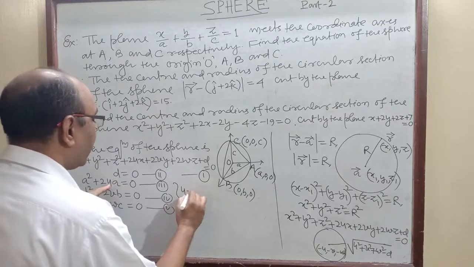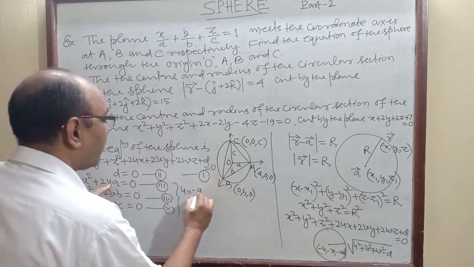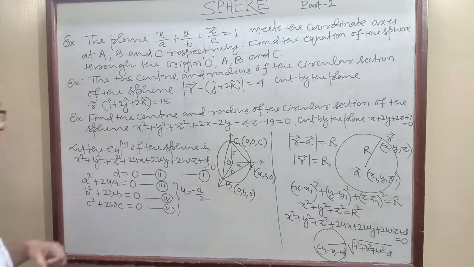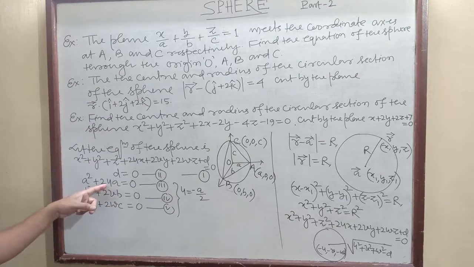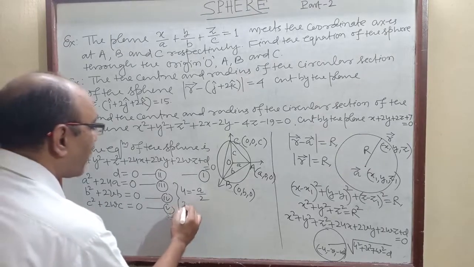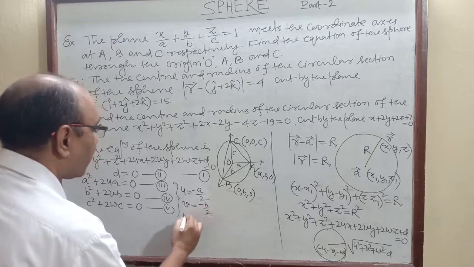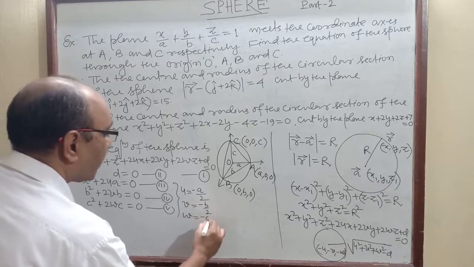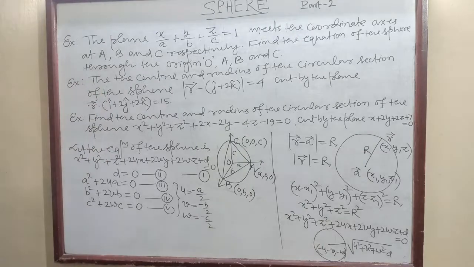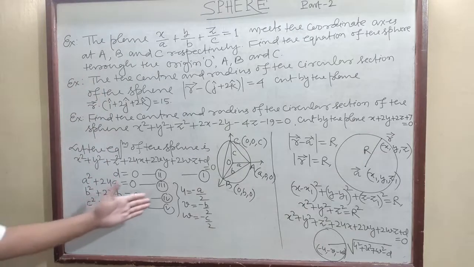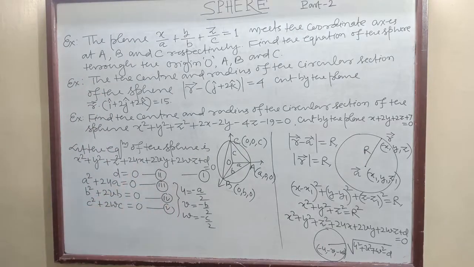So 2u equal to minus A, u equal to minus A by 2. From here you can calculate v, this will come minus B by 2, and from here w will come minus C by 2. From these three equations u, v, w can be calculated.